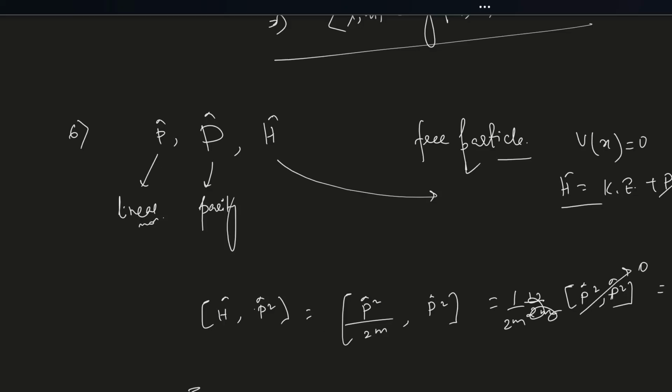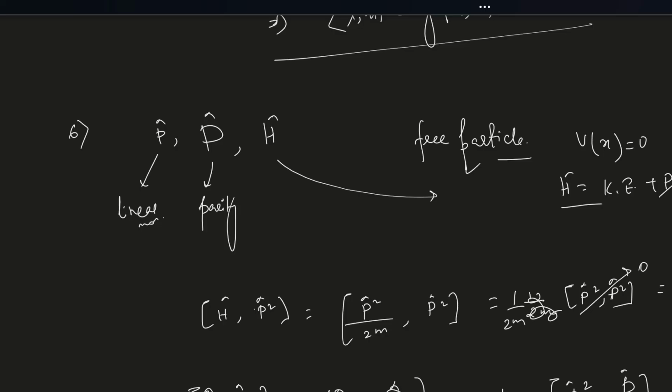Now the Hamiltonian with the parity operator: the Hamiltonian is p squared by twice m only, and this is the parity operator, the curly P. So this is basically the relation between the momentum operator squared and the parity operator.